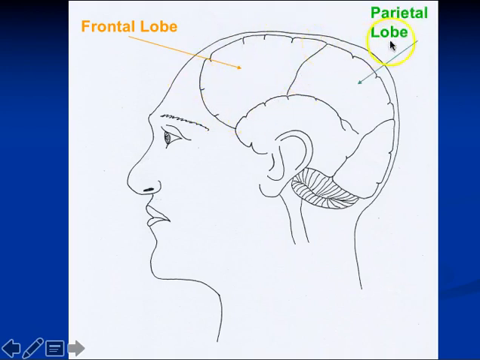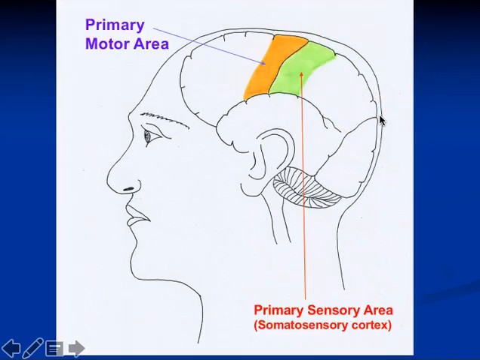And we have the parietal lobe sitting behind it, and the parietal lobe is involved in sensation and processing sensory information from the body. Let's add a little more detail here. In front of this division, this fissure here, sits an area in the frontal lobe called the primary motor area.